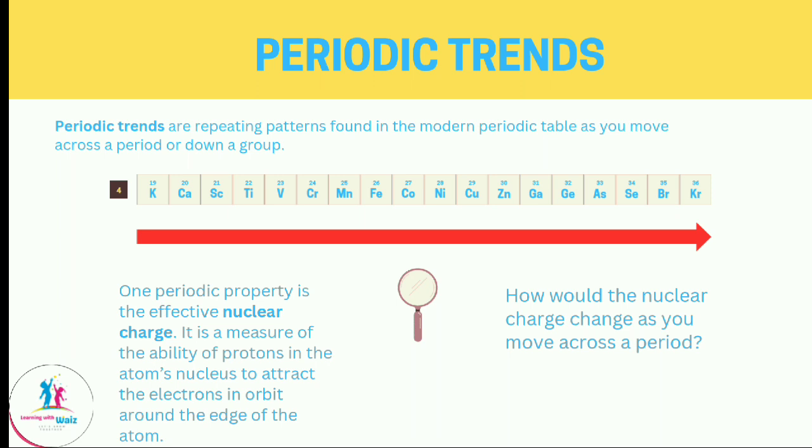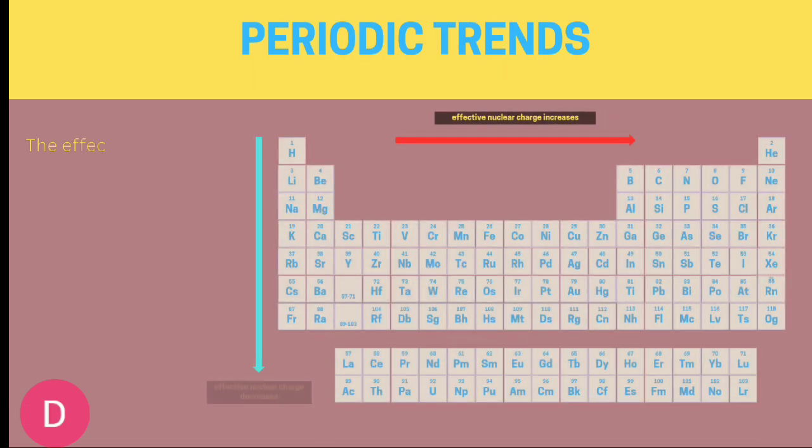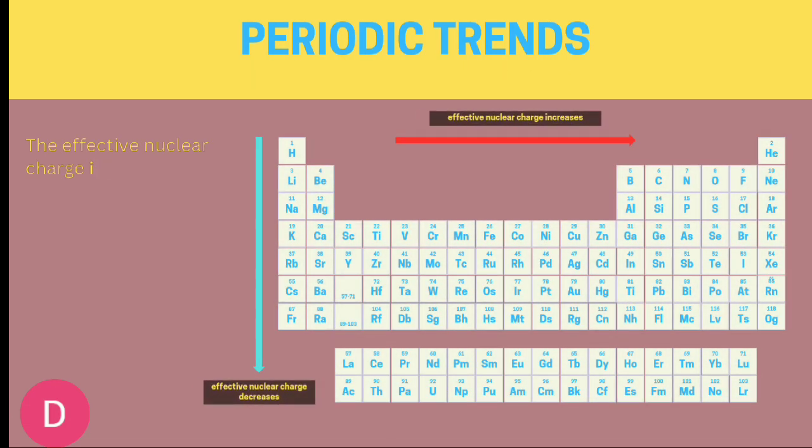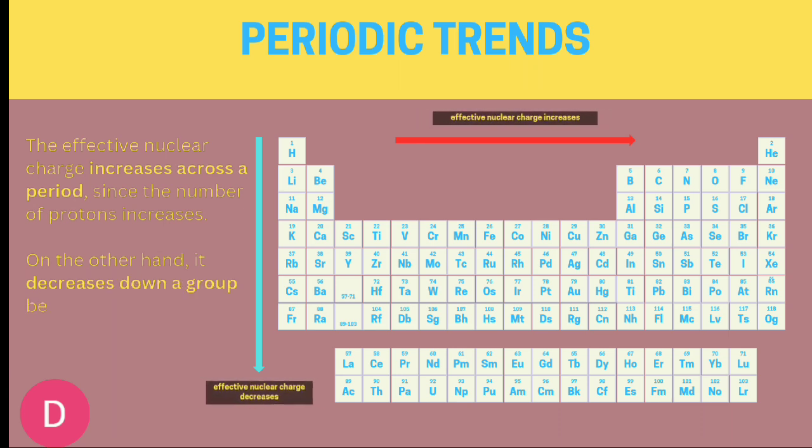It is a measure of the ability of protons in the atom's nucleus to attract the electrons in orbit around the edge of the atom. The effective nuclear charge increases across a period since the number of protons increases. On the other hand, it decreases down a group because of increasing number of shells.